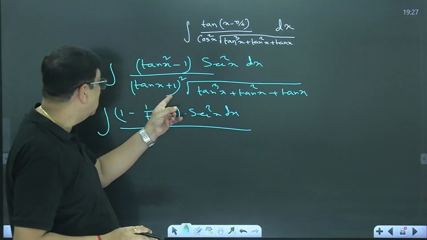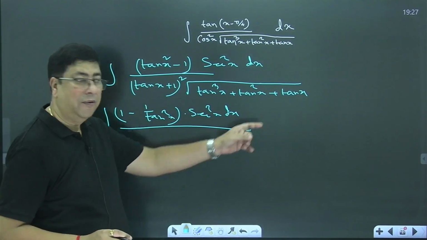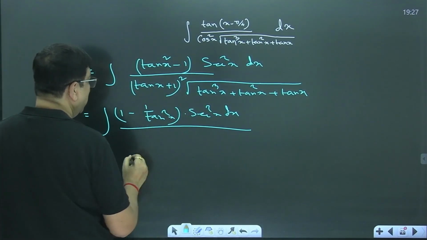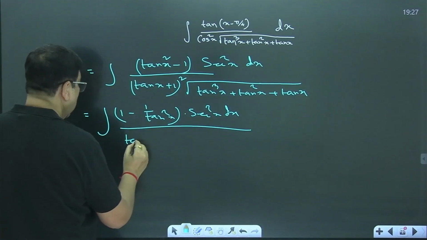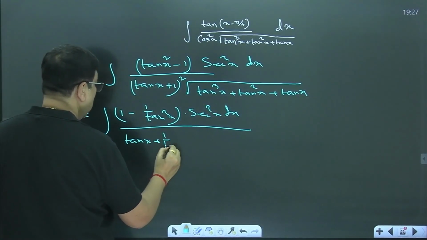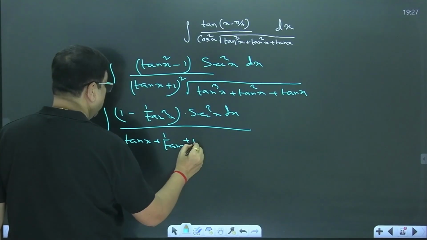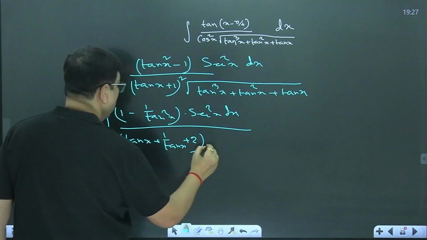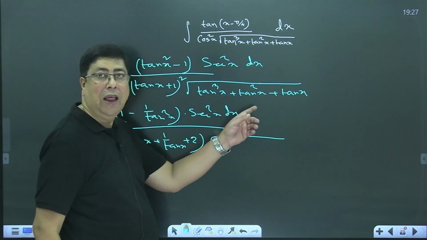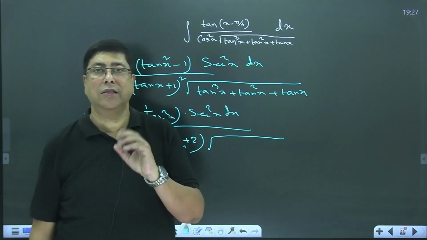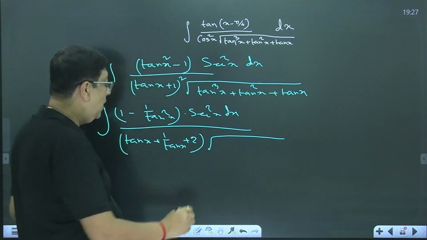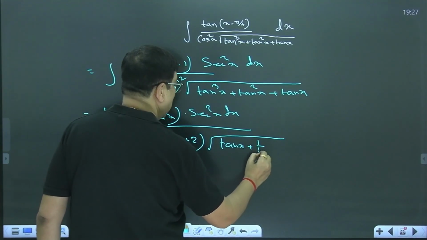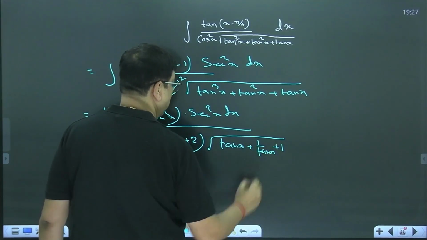If we open the whole square and divide by tan x, we are getting tan x plus 1 by tan x plus 2, and in the root, if we divide by tan x, it will enter the root as tan square x. So tan cube x by tan square x, that is tan x plus 1 by tan x plus 1.